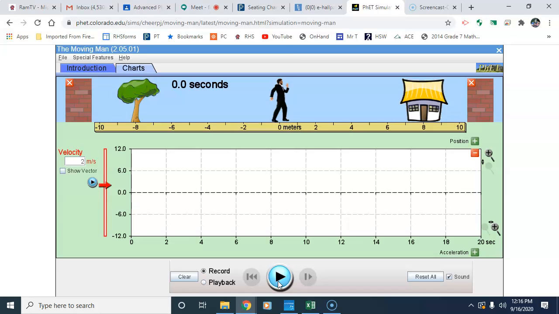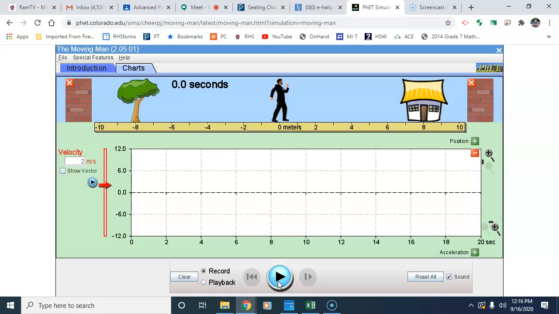What will my graph maybe look like before I hit play? It will be linear, but I need it more specific. You're overthinking it. Remember, this axis is velocity.